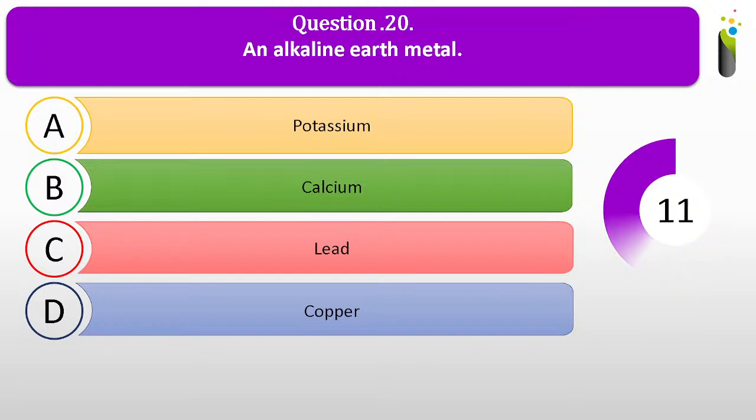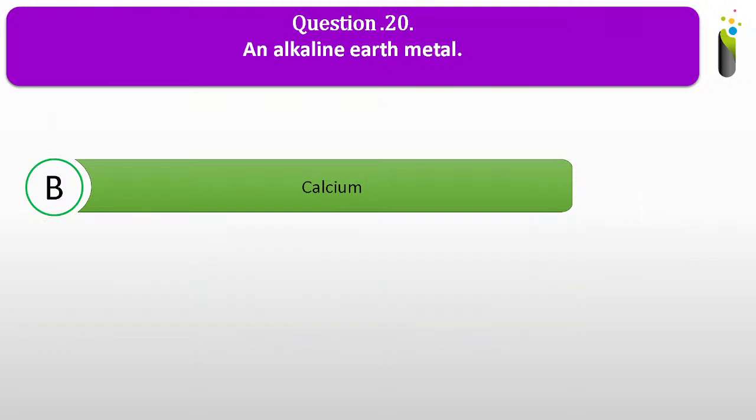So the answer for question number 20. An alkaline earth metal is... The correct answer for this question is calcium. So the alkaline earth metal is calcium.